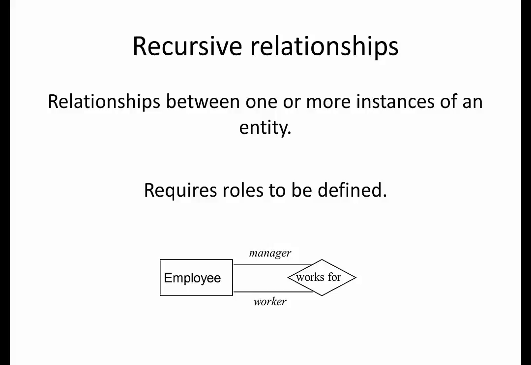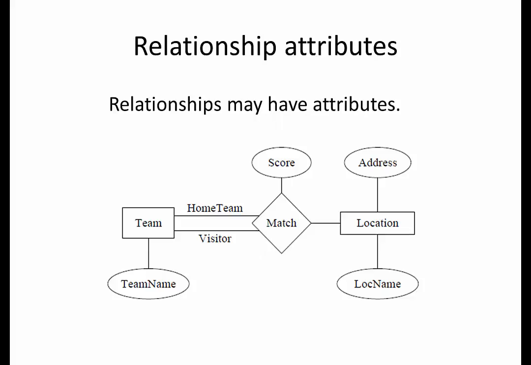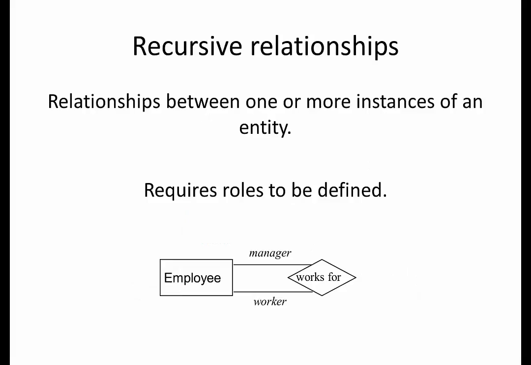You may have also noticed in that diagram there is this double connection between team and match. Well, there's two teams in a match. There's a visiting team, a home team, and an away team. And that's an example of what's called a recursive relationship, a relationship between an entity and itself. So it's a relationship between one or more instances of an entity.